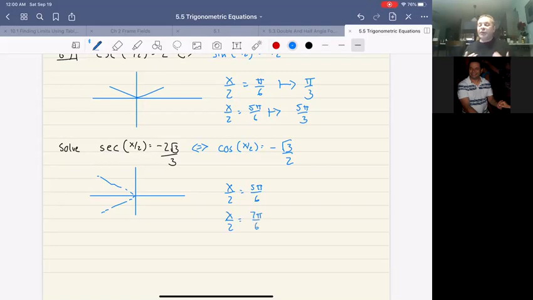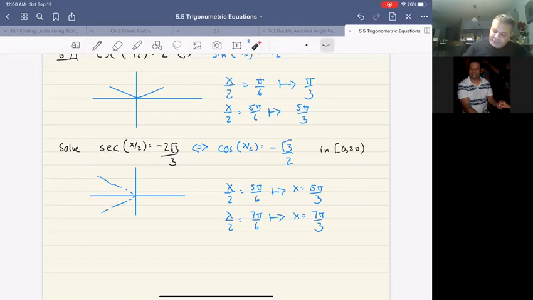Again, I'm not including the 2 pi. Let's multiply these by 2. So x is going to be 5 pi over 3. Oh, look, we had that one here too. But what happens on this one? x is 7 pi over 3, and our solution should be in 0, 2 pi. This is too big.